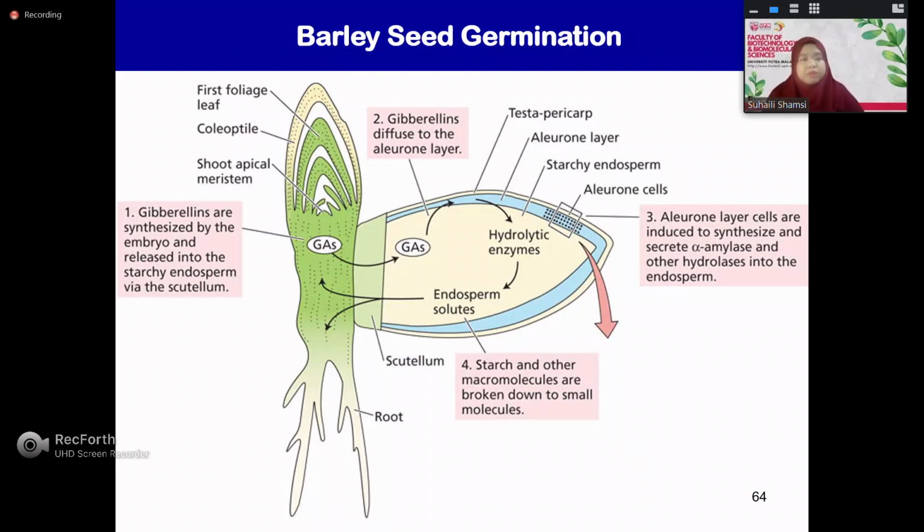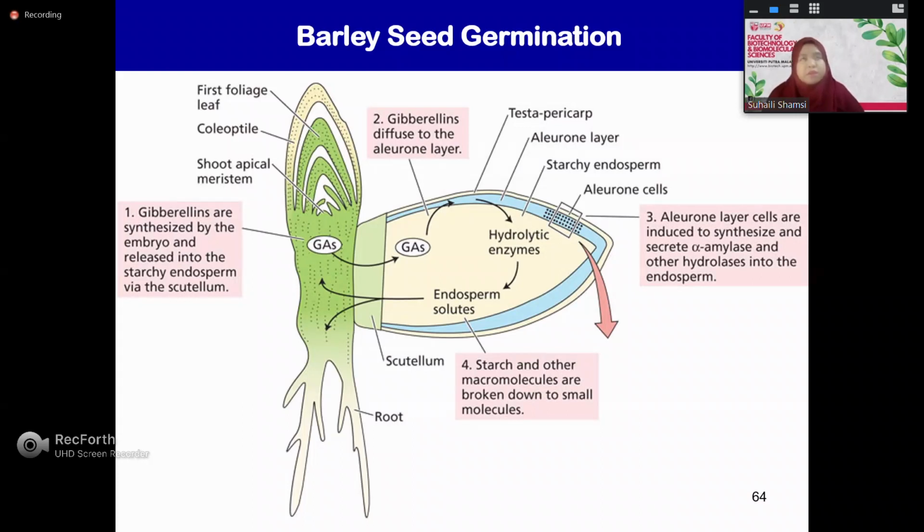So this is a barley seed, right? We have the endosperm here, a starchy structure, right? And this is how it looks. This is a coleoptile, and we have the shoot apical meristem and the first foliage leaf.